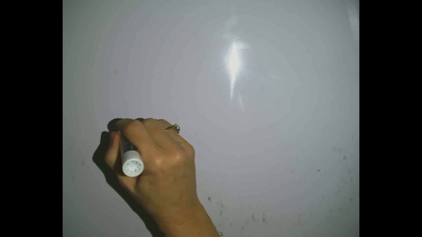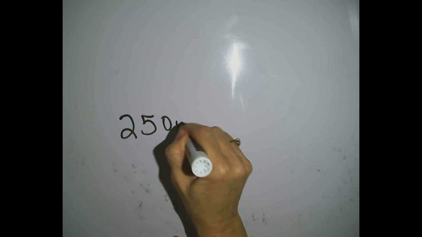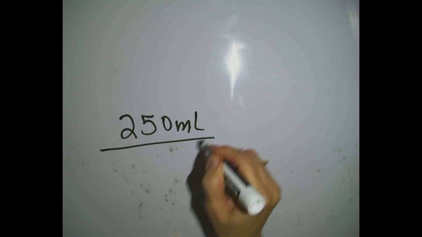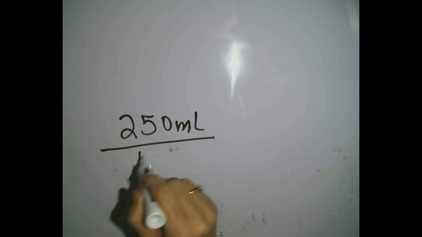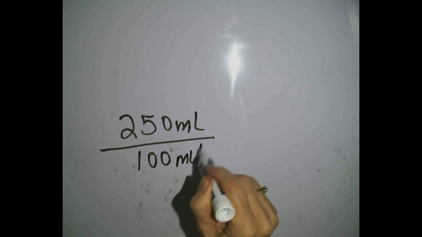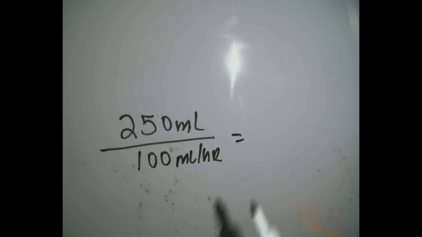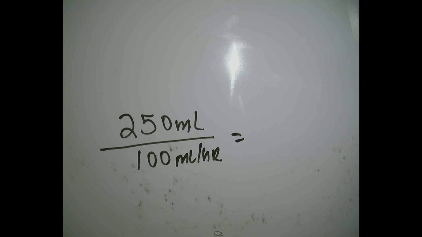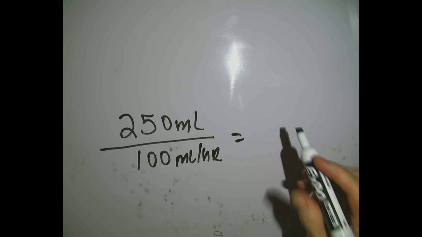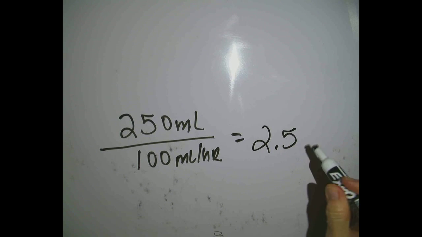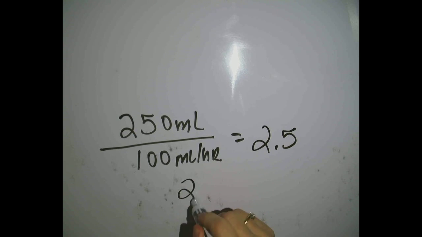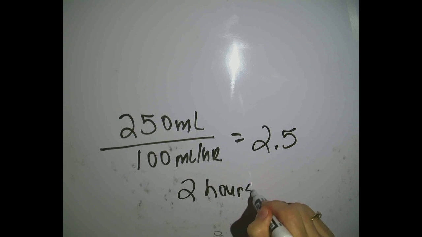And then our last example, we're infusing 250 milliliters of D5W at 100 milliliters per hour. So we would say that the answer is 2 hours.